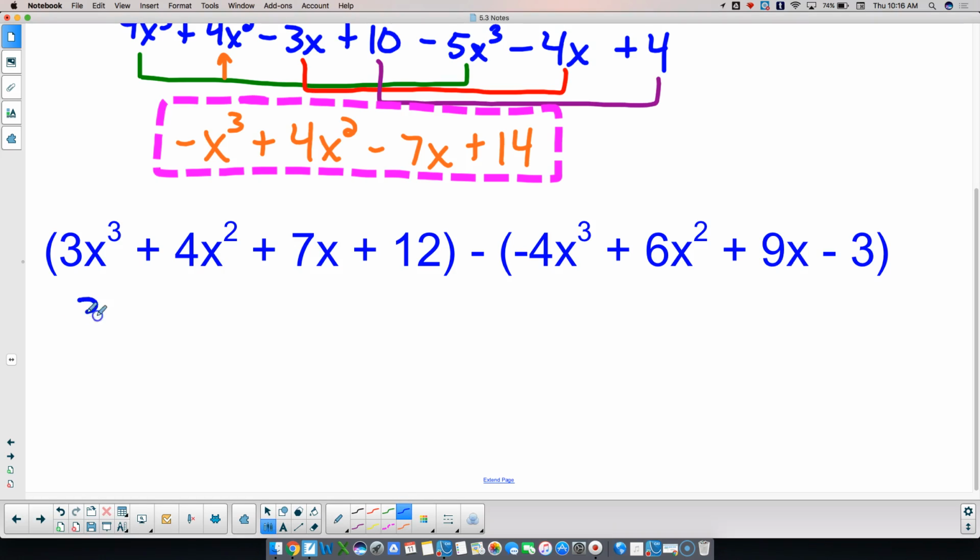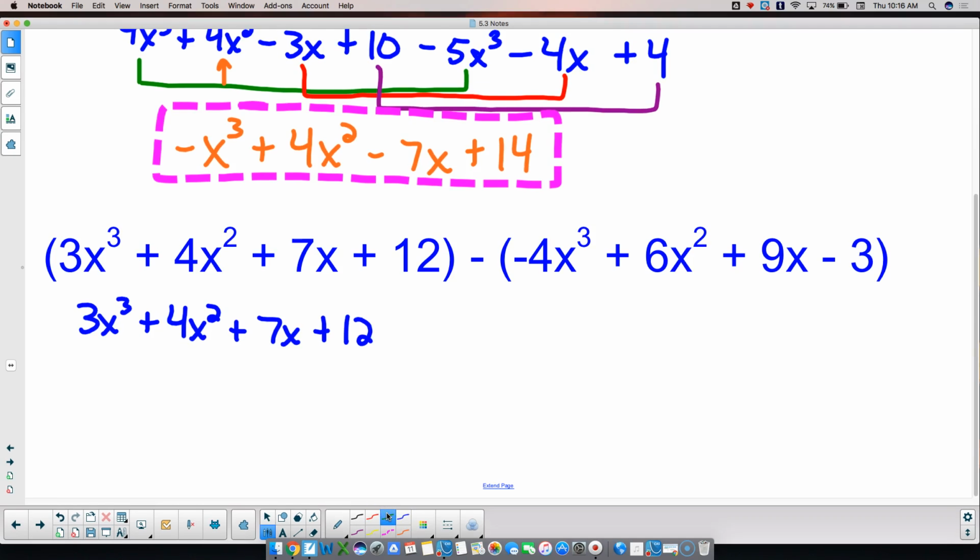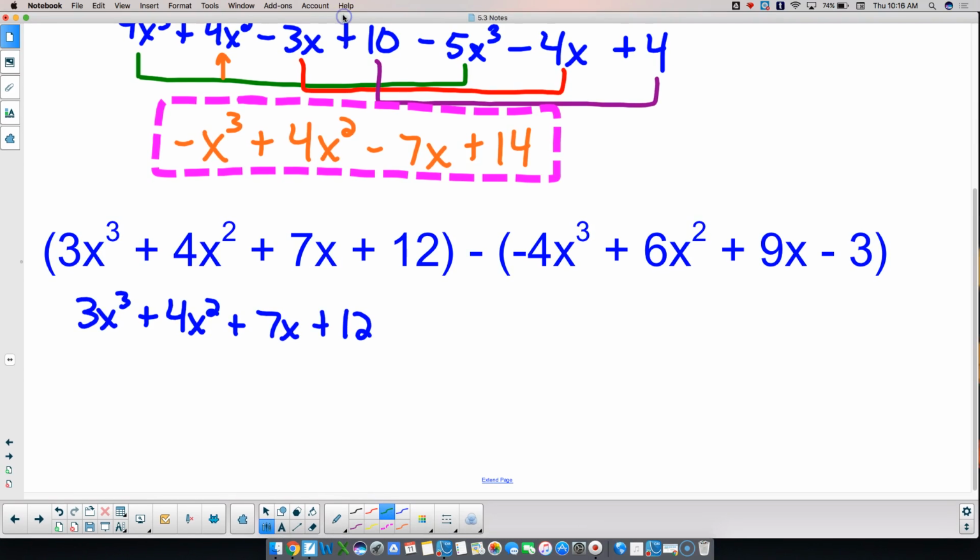So this is 3x cubed plus 4x squared plus 7x plus 12. But now I'm subtracting. So I have to subtract off all of those terms, not just the first term. If you still need to draw your swooshes, you draw your swooshes.